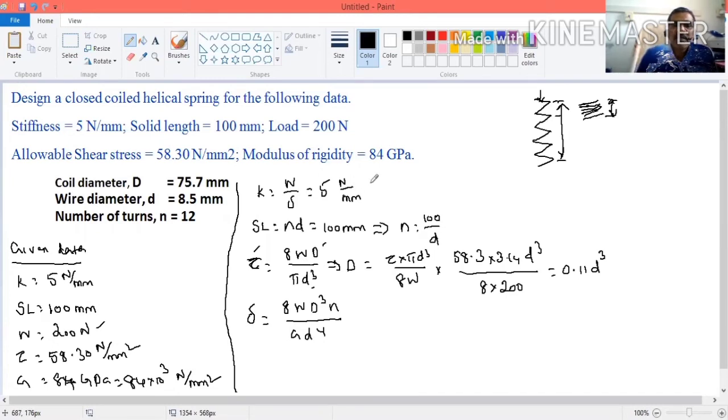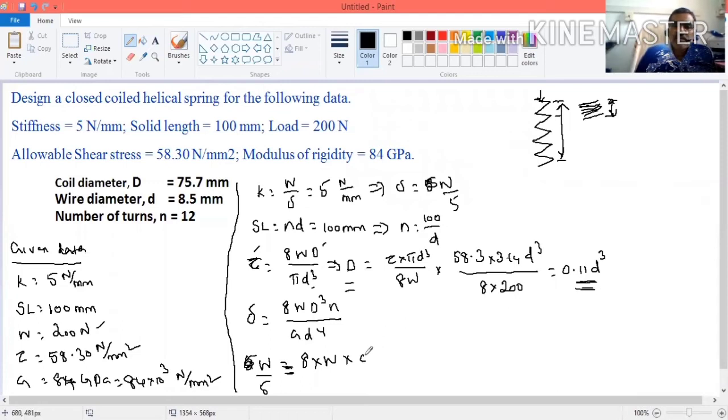So here, what is the 5? W by delta is 5, so delta is W by 5. It will come here. W you keep as it is, because W is there on both sides, we can cancel. Diameter cube, already we have calculated the diameter in terms of small d.